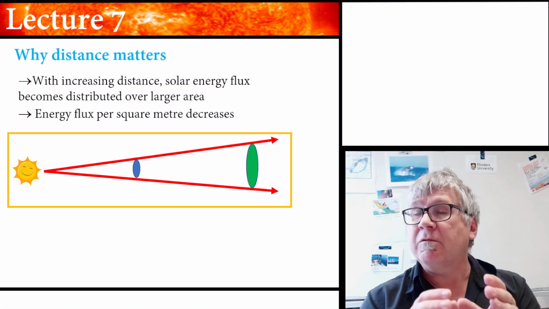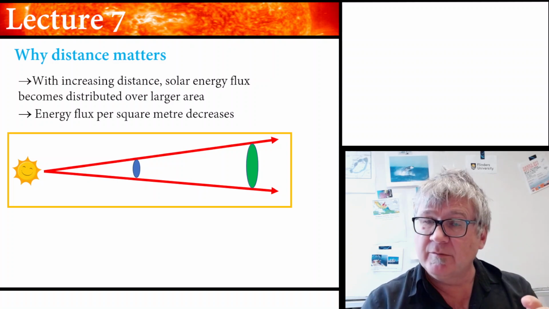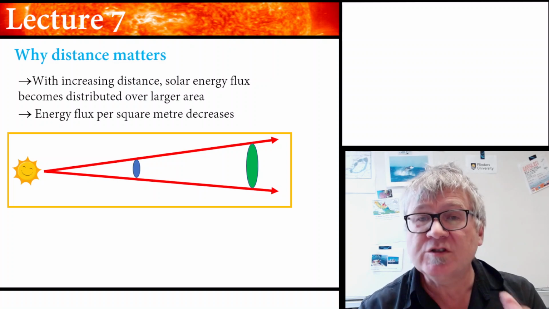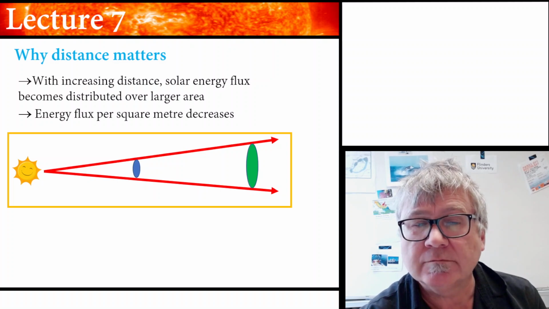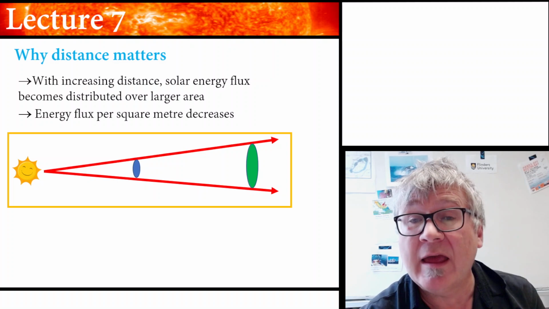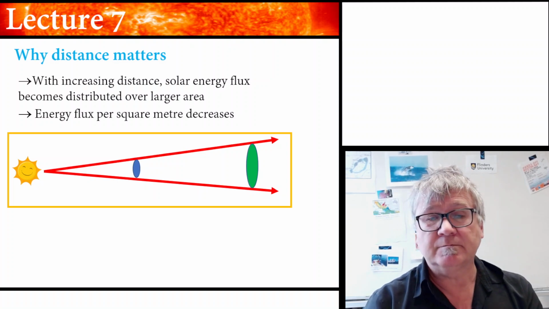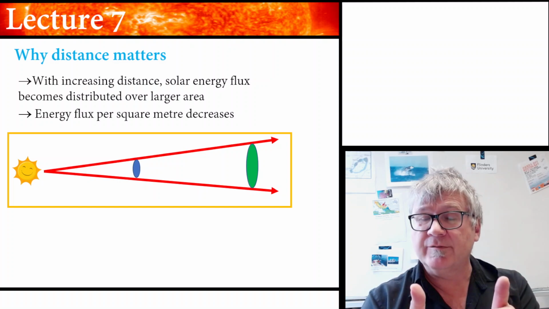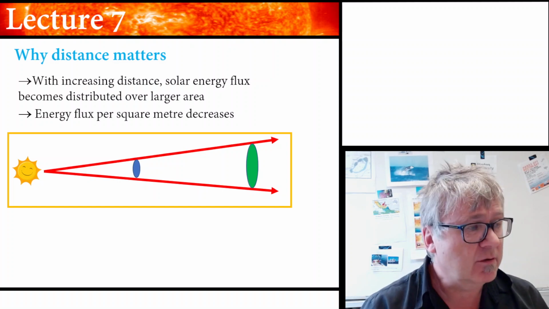This principle applies indeed if you compare different planets, which are at different distances to the sun, but it also relates to different locations on Earth. Some are further away than other regions. This is one important principle.